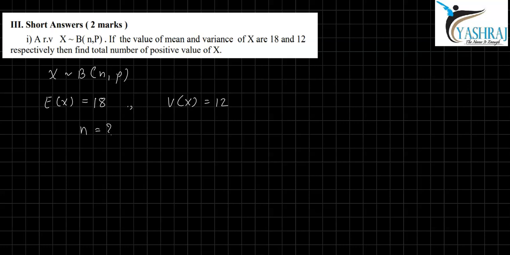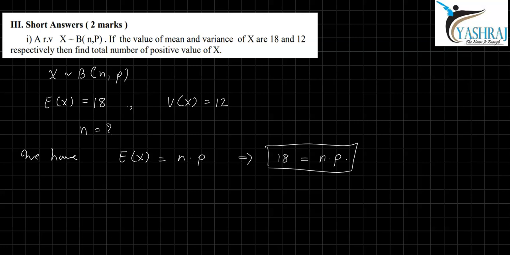So for that we have the formulation. The expected mean of a random variable is given by n into p, where E(X) becomes 18, and n and p are unknown to us, so the np value is 18.